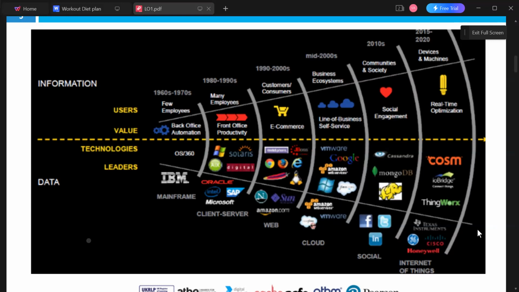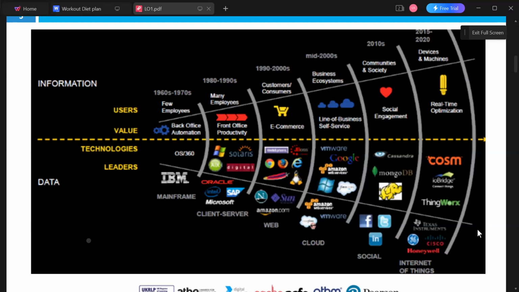Then in 2010 and so on, we had the introduction of social media, where we now have to recognize the ability of working with unstructured data, and that's where the ability of working with unstructured databases comes into place to store all this software.